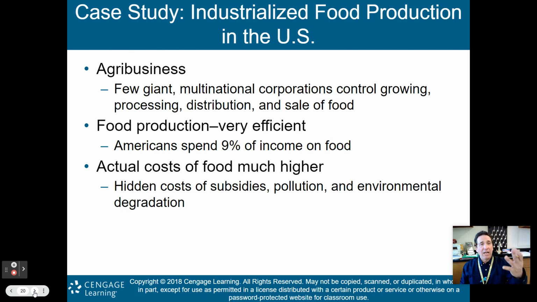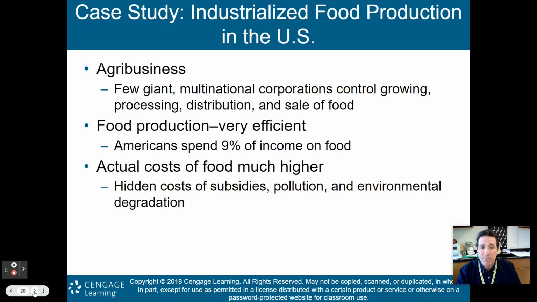So here's a case study of more industrialized food production in the United States. It's agribusiness. We have a few giant multinational corporations that control the growing, processing, distribution, and sale of food. We do not have a lot of mom and pop farms left here in the United States. Food production is very efficient.